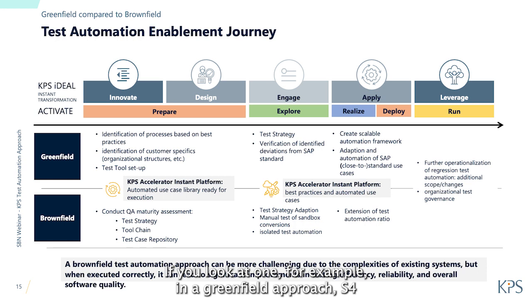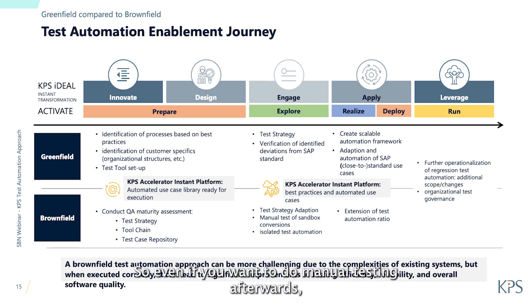In a greenfield S4 approach, where you need a lot of sales orders for your testing, that's one of these quick wins that you can automate. Even if you want to do manual testing afterwards, you can use automation to generate the data, and obviously use it for test automation too.